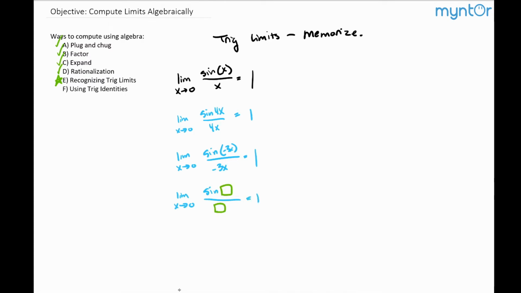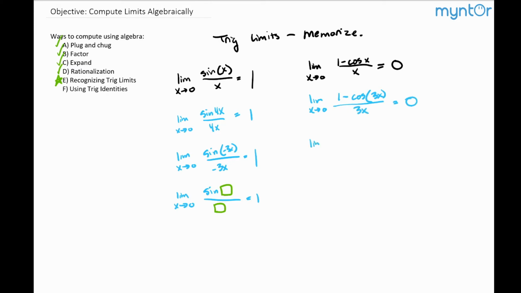The second identity is that the limit as x approaches 0 of 1 minus cosine of x over x is always going to be equal to 0. So if I have the limit as x approaches 0 of 1 minus cosine of 3x divided by 3x, this is going to be equal to 0.